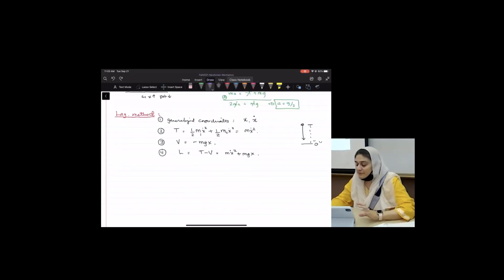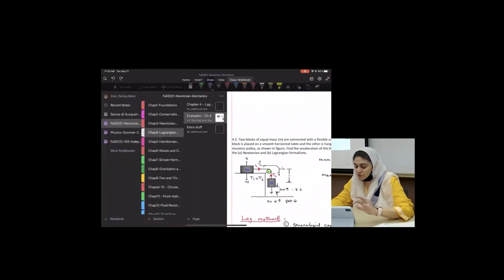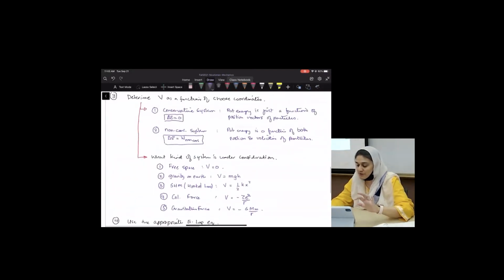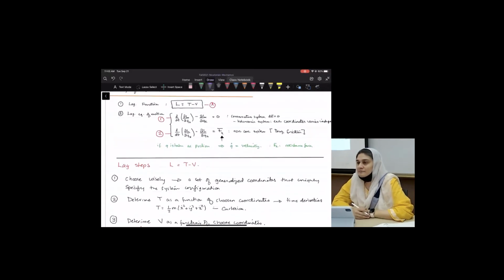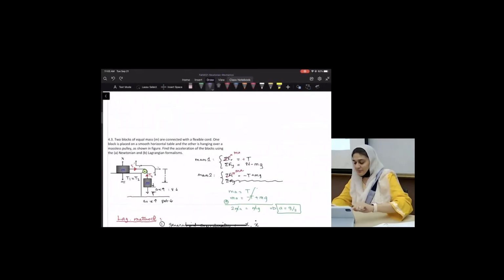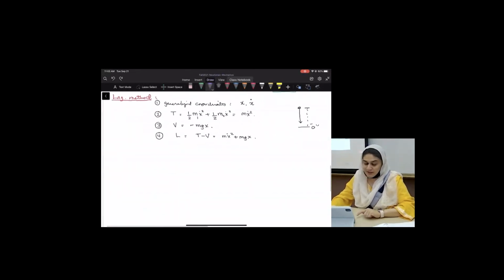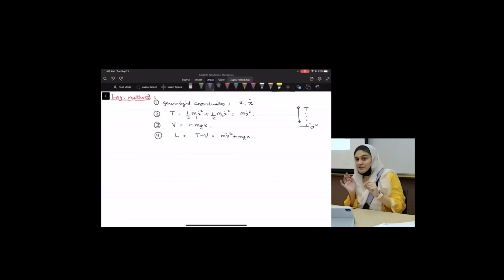Now that we have our Lagrangian written out, which one of these two equations should we use? The 1 or 2? 1. Good. So we are going to use equation 1. However, that was an equation written for generalized coordinates.